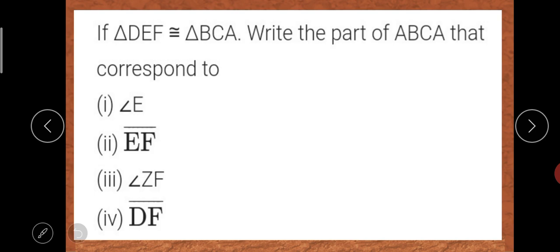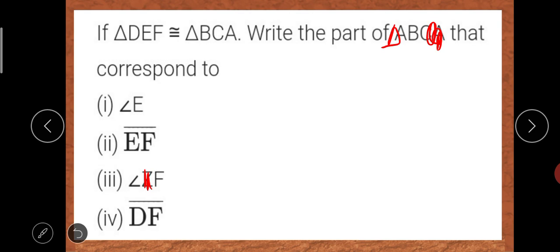Next question, see. Now here what is given? If triangle DEF is congruent to triangle BCA, write the pairs of corresponding parts.